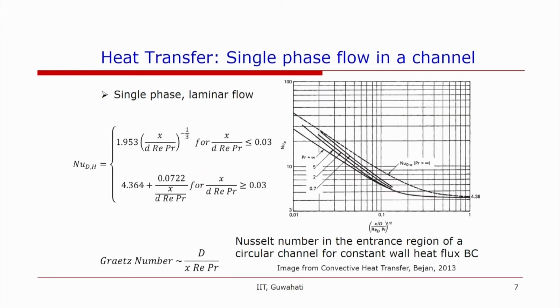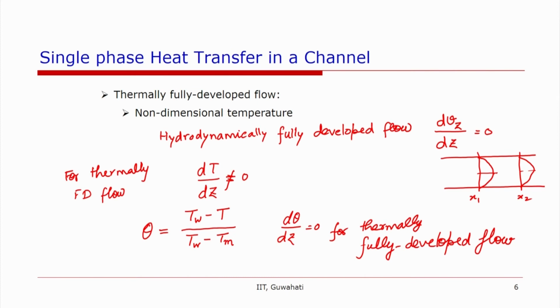Now, what we talked about, that when the flow has developed, what are the temperature profiles and how we define the non-dimensional temperature and so on and so forth. So, it can also be shown that for laminar fully developed flow, the Nusselt number in a channel for fully developed flow and fully developed heat transfer is a constant.